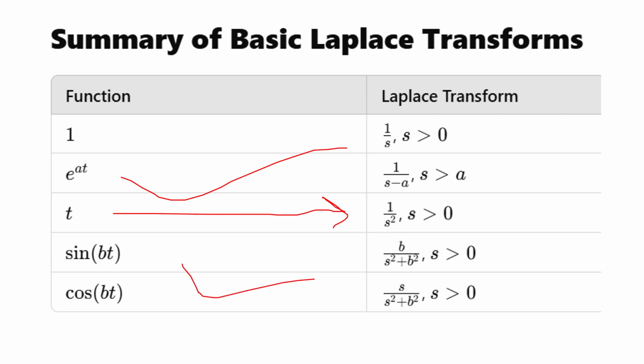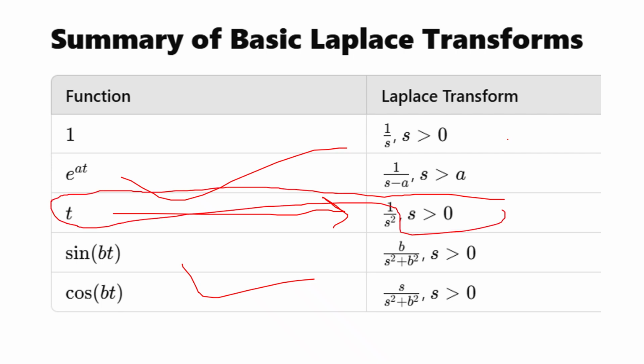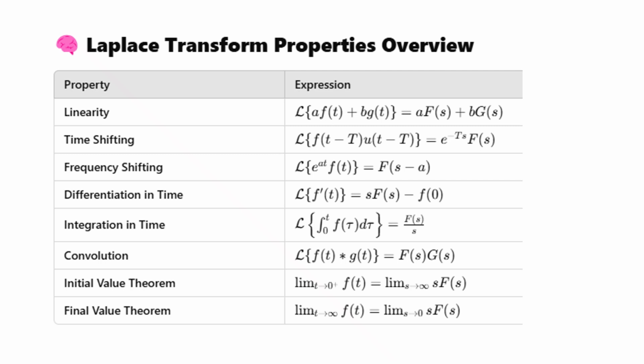This is just a summary of the Laplace transform, a very important table, so you can remember it. Some properties are also useful here. One of the important properties is the time shifting property. Whenever you shift in time, that is u(t minus 2), it will be multiplied by e to the power minus ts, and the remaining will be F(s) as usual.